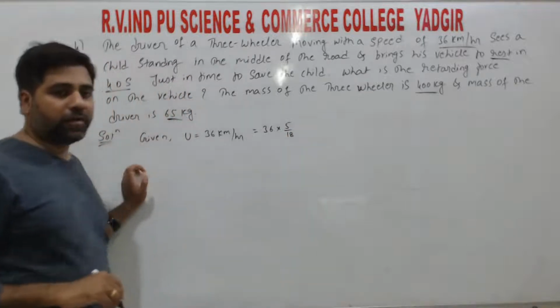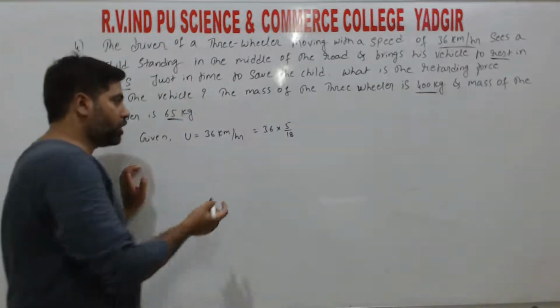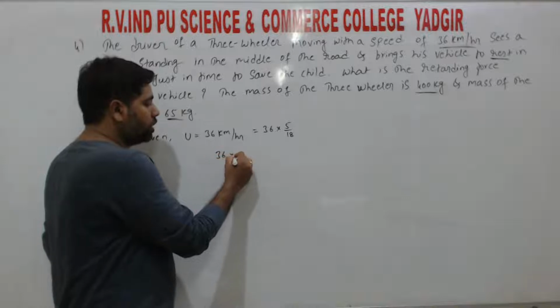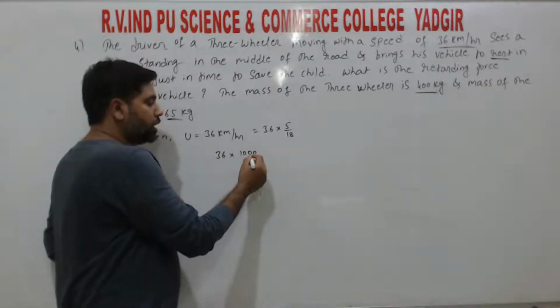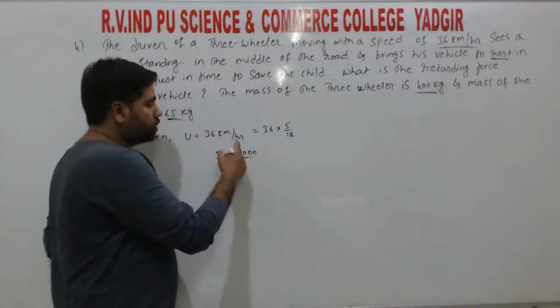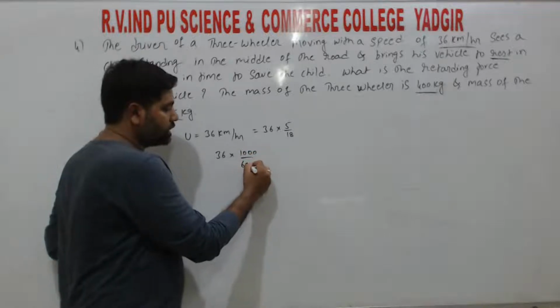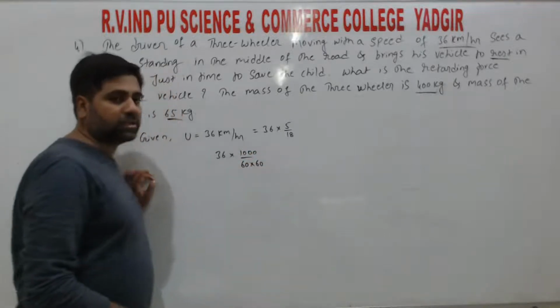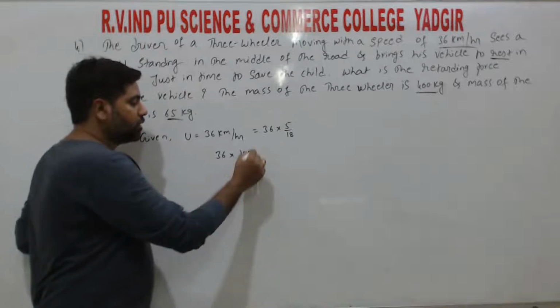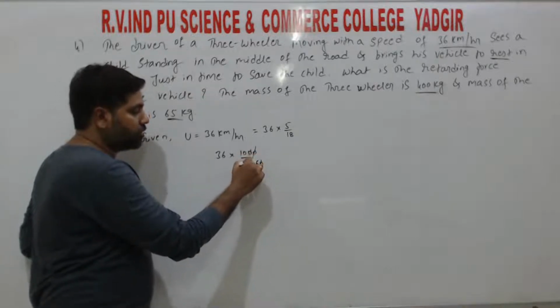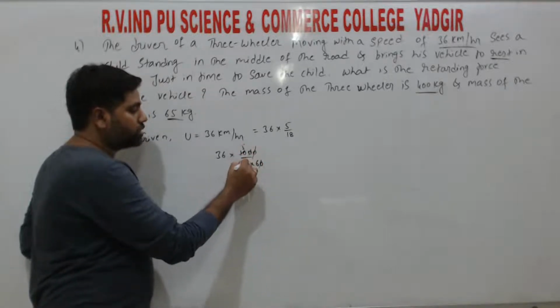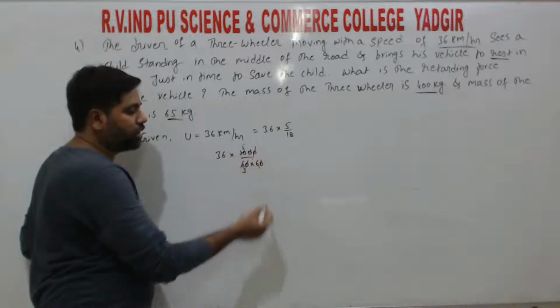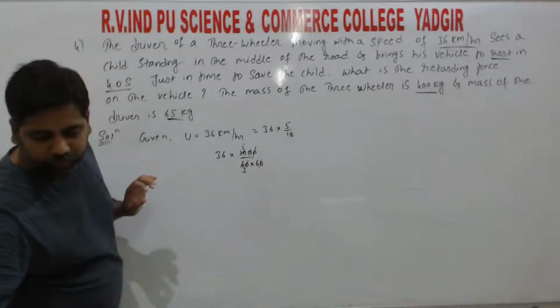I already explained this in the first chapter. How do we convert kilometer per hour? 1 kilometer is equal to 1000 meter. 1 hour is equal to 60 minutes into 60 seconds, that is 3600. So the zeros get cancelled, and that means 5 divided by 18, right?